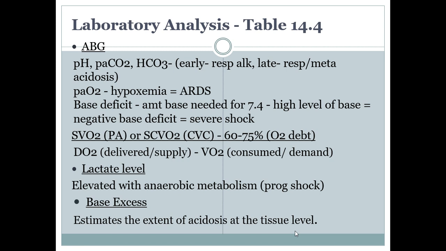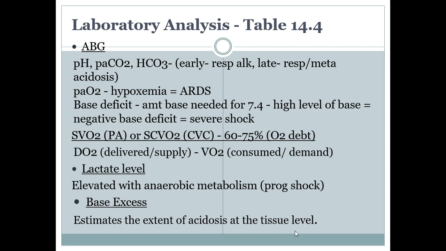A decreased PaO2, the partial pressure of oxygen in arterial blood, is a value less than 60. That indicates the development of complications such as acute respiratory distress syndrome, or ARDS. So any value less than 60 on a PaO2 is bad.